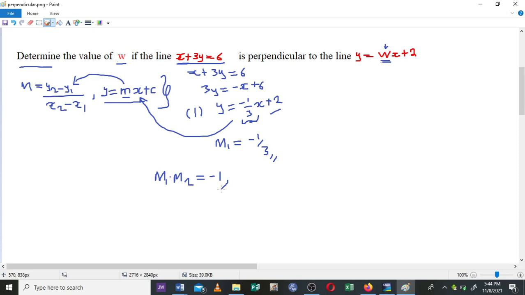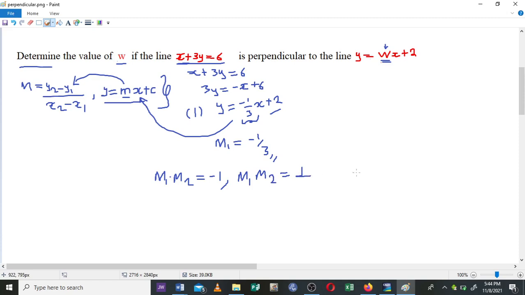For this to be possible, if we have the gradient m1, then the gradient of the second equation should be the reciprocal of the gradient of the first, with the sign changed. So m1 and m2 are perpendicular. Those are the properties that you need to remember.